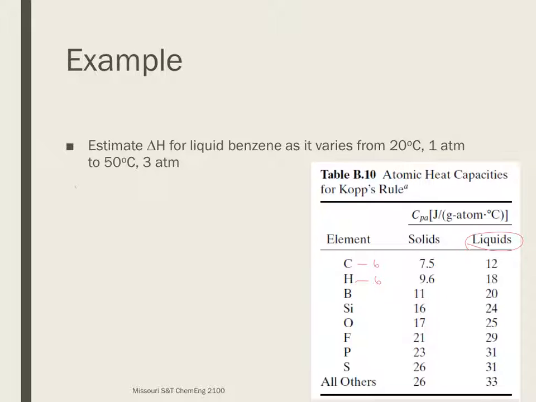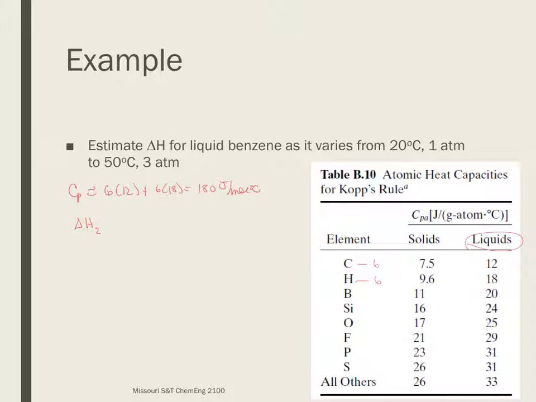So C sub P is approximately 6 times 12 plus 6 times 18, which is 180 joules per mole degrees C. In this case, I can only use this for the delta T portion, so this is delta H2.